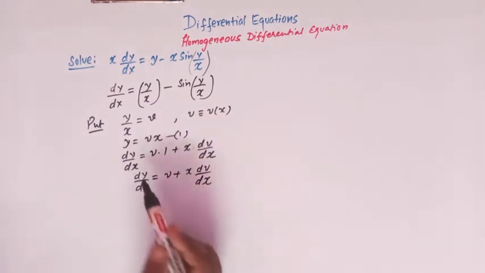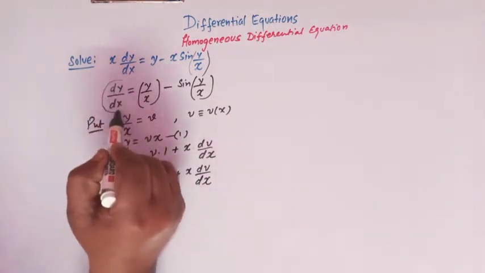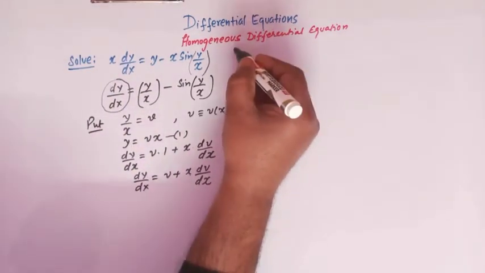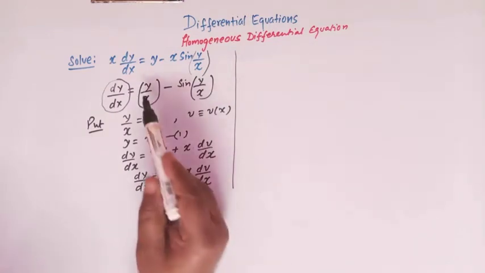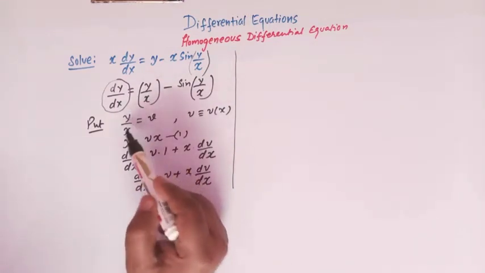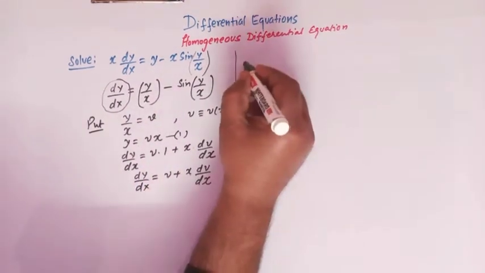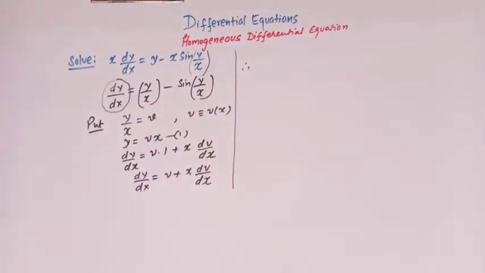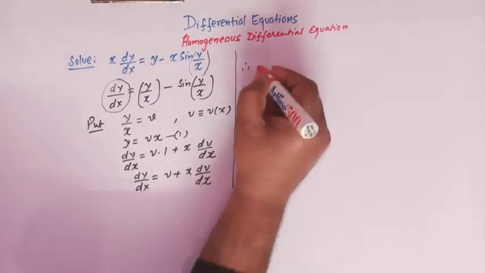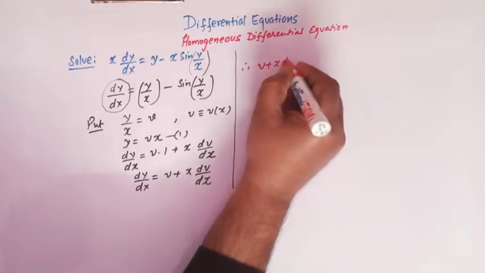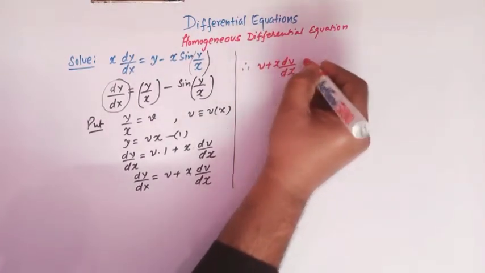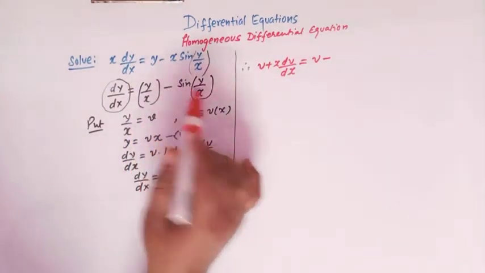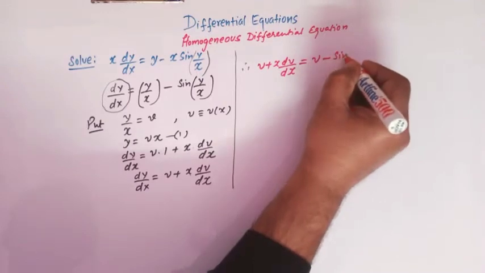Now let us substitute here dy over dx as v plus x dv over dx, and v for y over x. So this equation now becomes v plus x dv over dx is equal to v minus sine v.